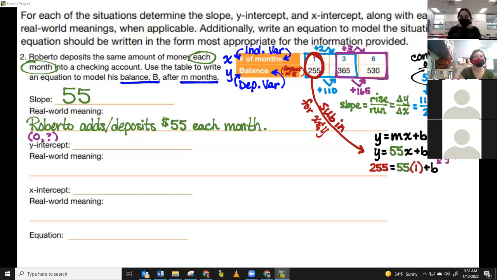What would I do first? What would I need to do first? Multiply 55 and 1. Yes. I'm going to multiply these two together. That'll give me 55. And then what next?